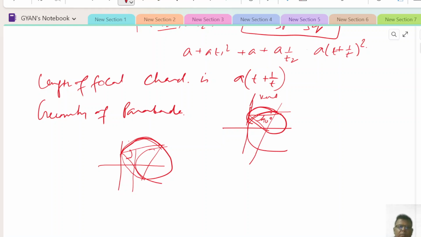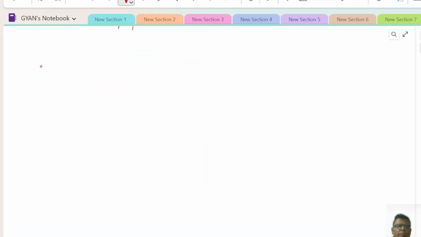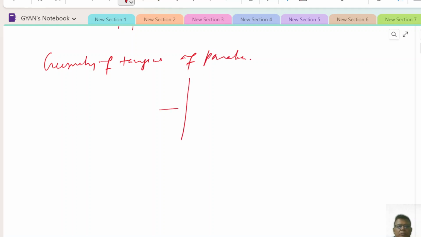Now come to the geometry of tangent of parabola. So suppose this one is the parabola. Here is the focus, and here you have drawn a tangent. From the focus you have drawn a perpendicular to this tangent.